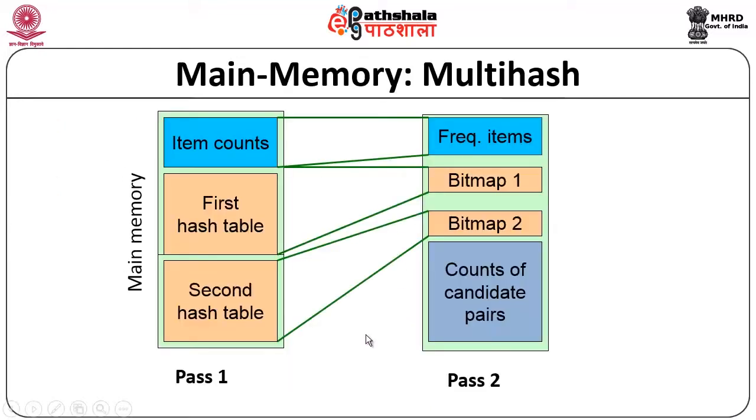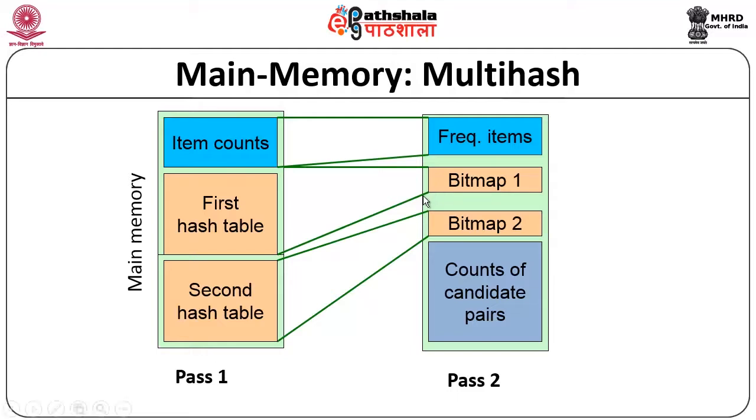Now, when you take a look at this working methodology, you will find the item counts as part of pass 1 in the main memory. Then the frequent items will be generated. After generating the frequent items, using the first hash table, you are going to hash the item pair to a bucket that is frequent, or to a bucket whose binary vector is equal to 1.